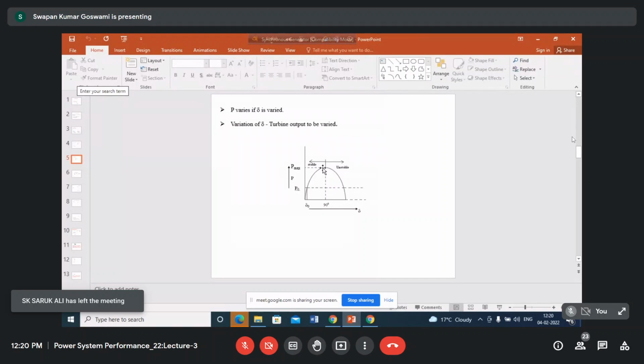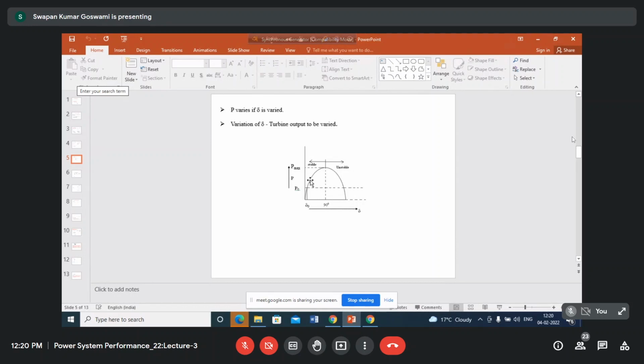That means if you can increase the opening of the steam valve in such a way that oscillation is there, but that oscillation is very small. Initially, when the generator was operating at this part, obviously it can withstand larger oscillation, no problem.